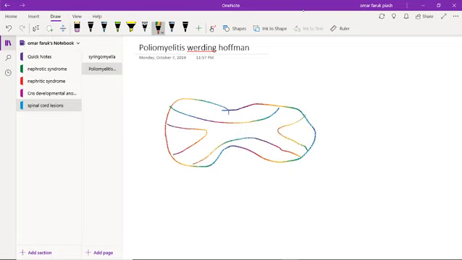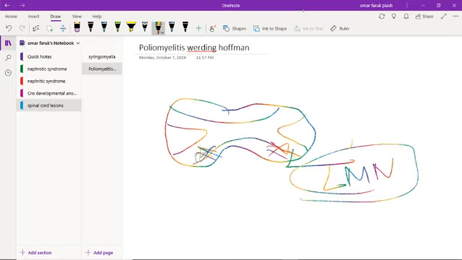If you destroy the anterior horn, that means this place, then it will surely cause lower motor neuron lesion, lower motor neuron type of paralysis, and the features of lower motor neuron type of paralysis.